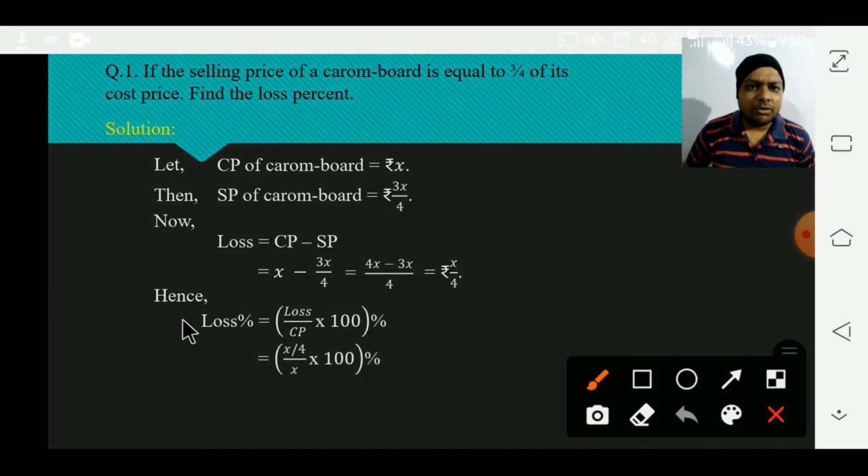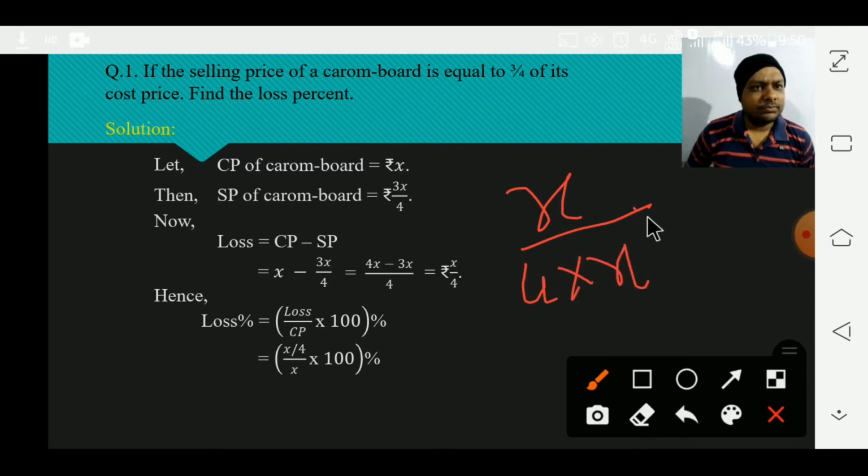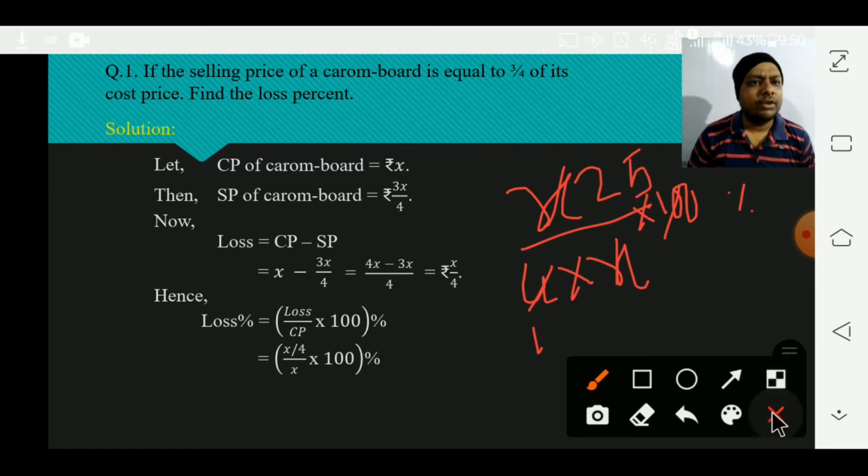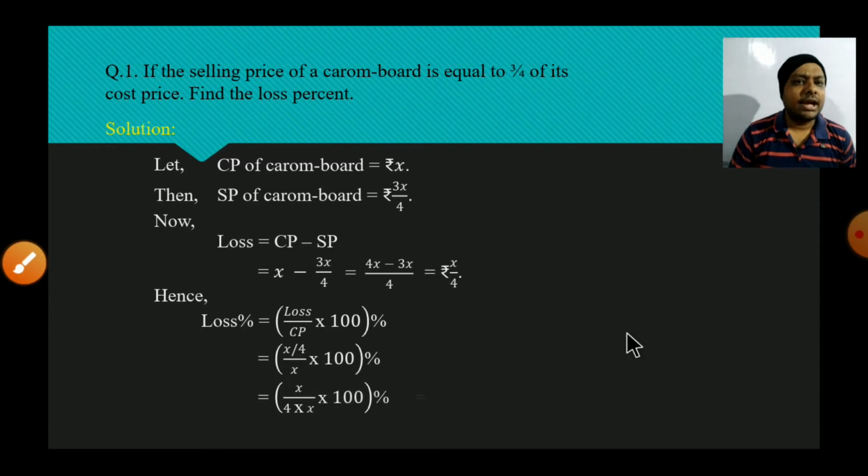Now here you can see that 4 is in the denominator, so it will multiply with the other denominator X. It means we can write it as 4 into X, and 100 at the same place, percent. So X and X will cancel. 4 into 25 is 100. It means the value will be 25%, which will be the loss percent. Like this we can say that 25% will be the loss.